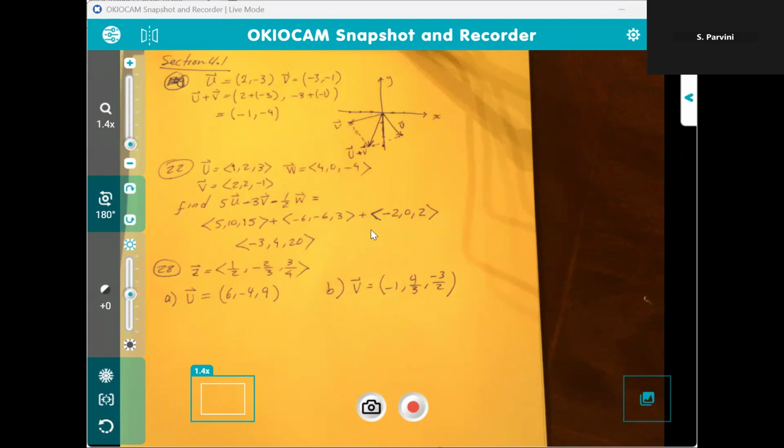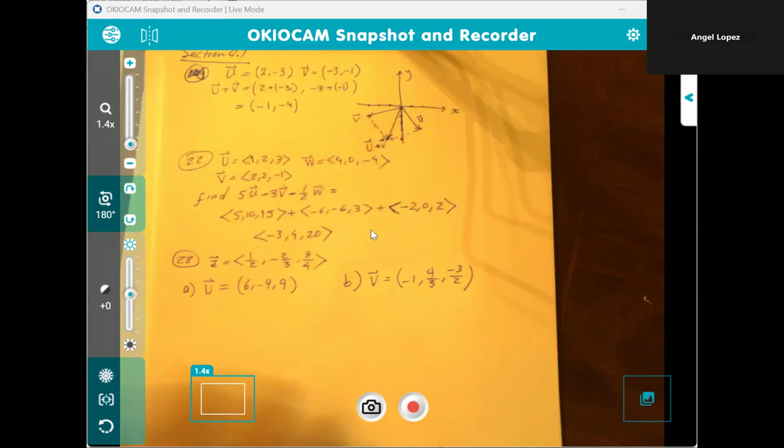What should be true about these two vectors, u and z? That there should be a scalar that you could multiply z by to get u. Perfect. Exactly. Thank you, Angel.